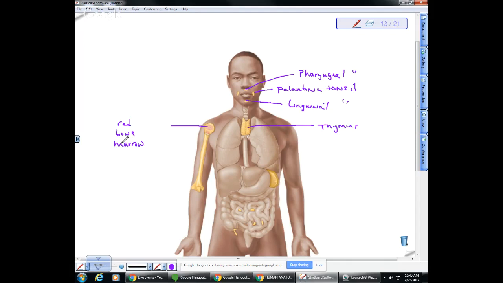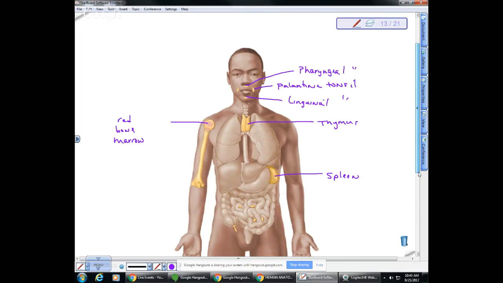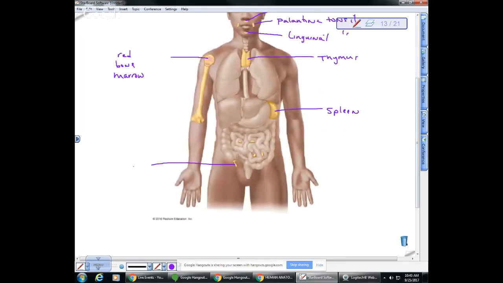What do you think this organ right here is? Spleen, excellent. What about this organ here next to the large intestine? Appendix. Okay, and these you probably do not know. These have a specific name. They're associated with your intestines, and they're called Peyer's patches, after the name of the person that discovered them.